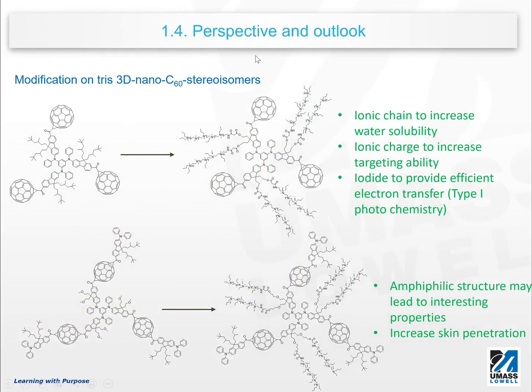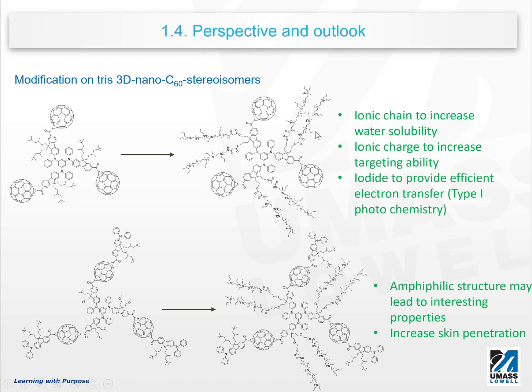So based on all the research work that has been done, we have our research plans for the future. For the C60 based photosensitizer, what we want to do in the future is change this hydrophobic tris-C60 DPAF molecule into a cationic charged tris-C60 DPAF molecule, because cationic charge will increase the water solubility, and it will also increase the targeting ability.